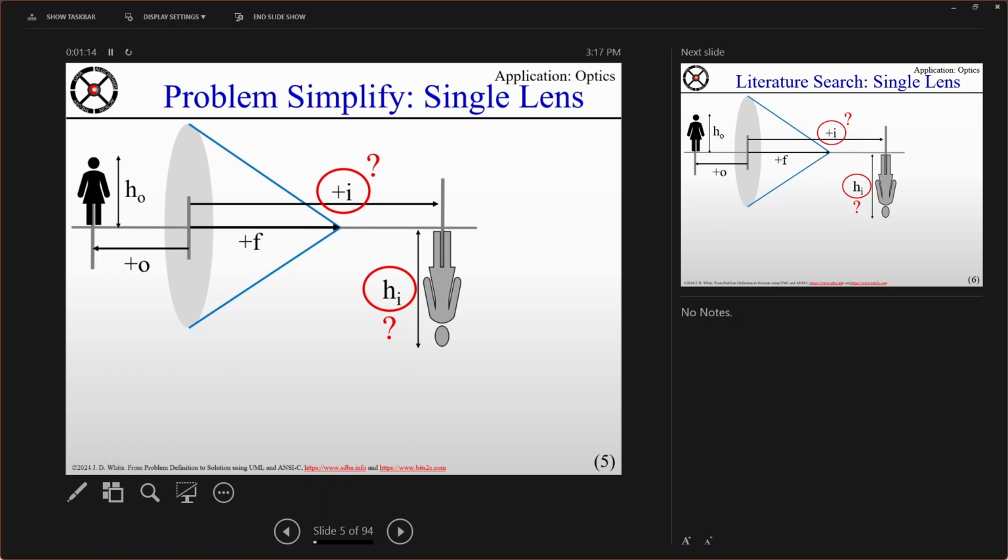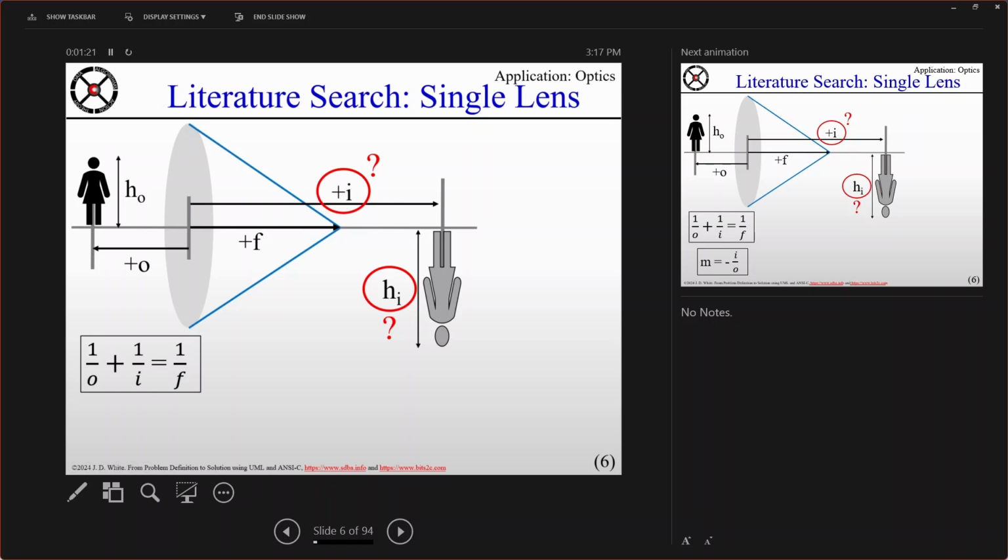And we know our initial object's height. If we do our literature search, we find this simple formula: 1 over O plus 1 over I equals 1 over F. And we find the magnification equals minus I over O. So if we know I and O, we can get the magnification.